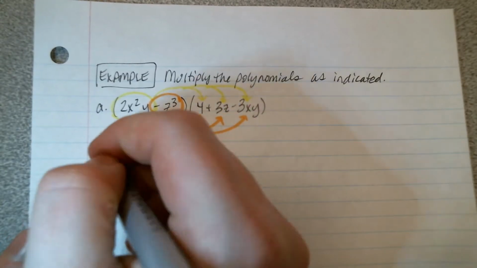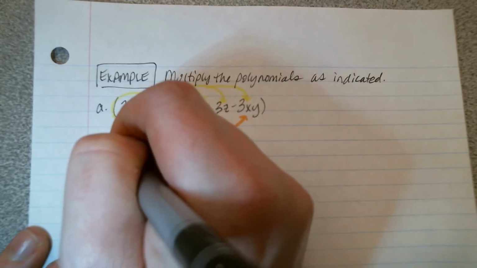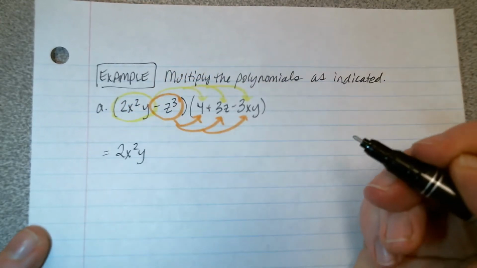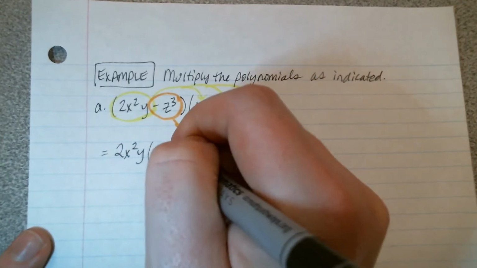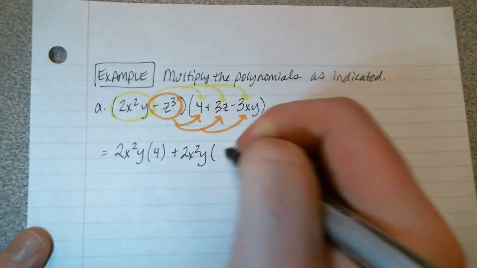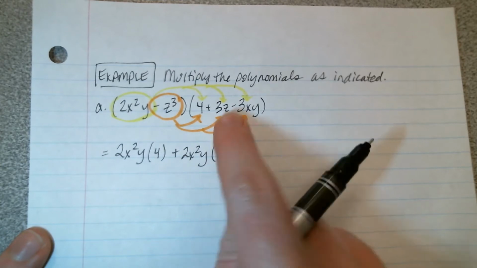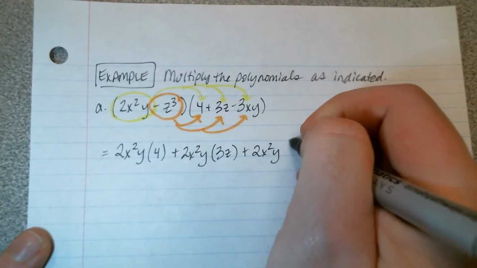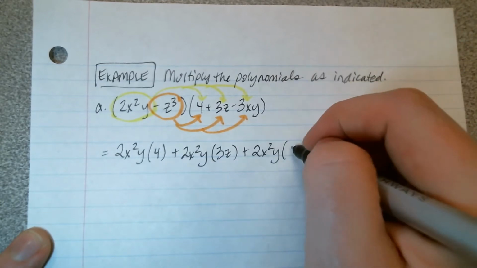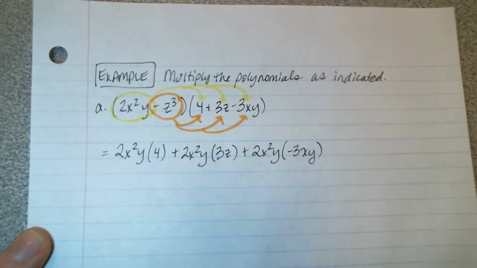Okay, so this is going to become 2x squared y times 4 plus 2x squared y times 3z plus 2x squared y times negative 3xy.